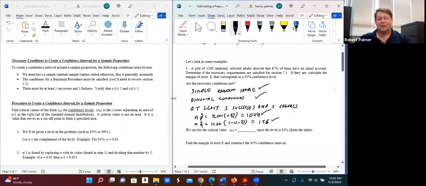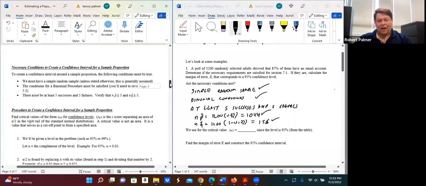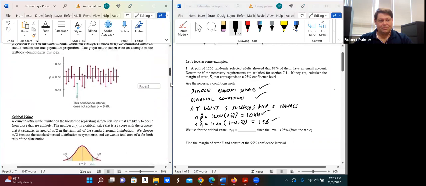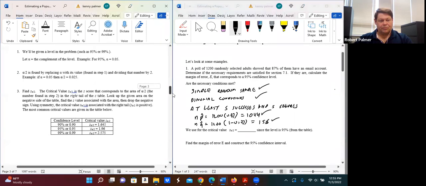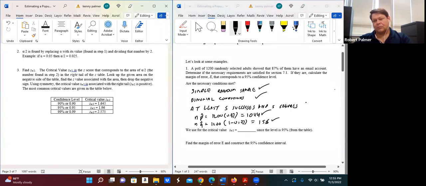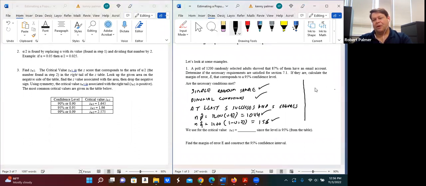So for 95%, our alpha is going to be 0.05. Then our z of alpha over 2 for 95% is 1.96.